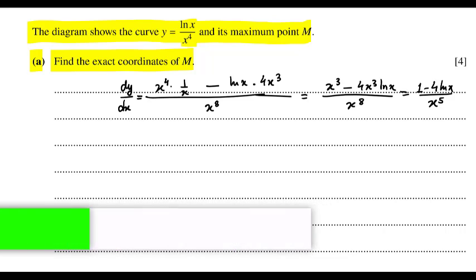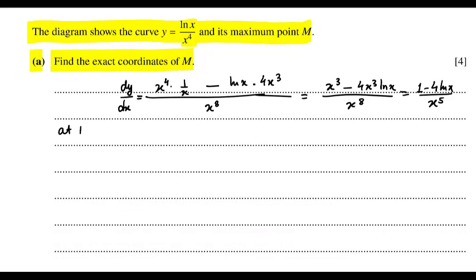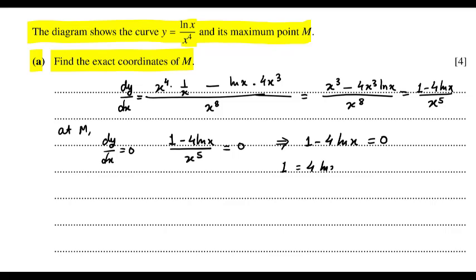And at M, the maximum point, our derivative has to be 0. It means 1 minus 4 ln x upon x to the power 5 has to be 0. In order to get a quotient as 0, the numerator has to be 0. It means 1 minus 4 ln x equals 0, or 1 equals 4 ln x.